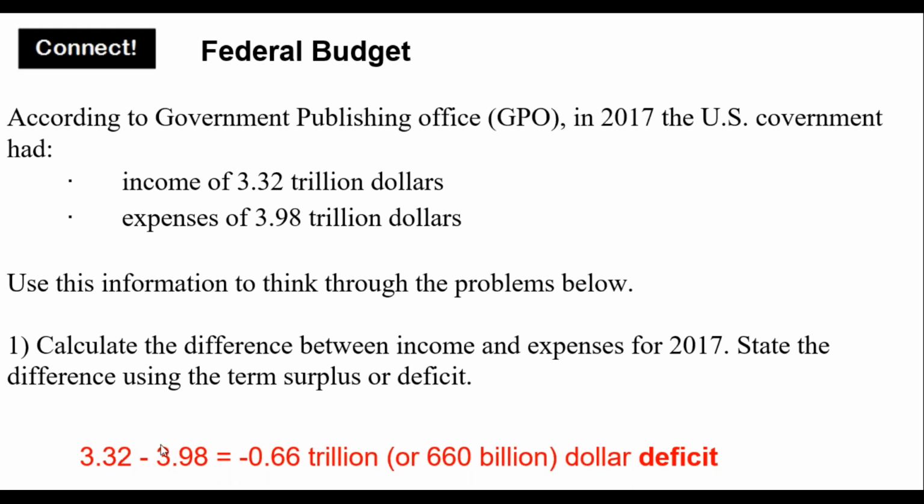I didn't put these in scientific notation form, and the reason is because both of them had the same units. They both had the units of $1 trillion. So that made my life so much easier. All I do is the subtraction between the numbers, and then I don't want to forget to add that unit on at the end.